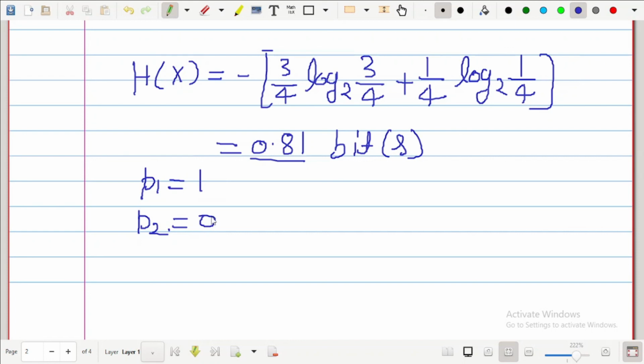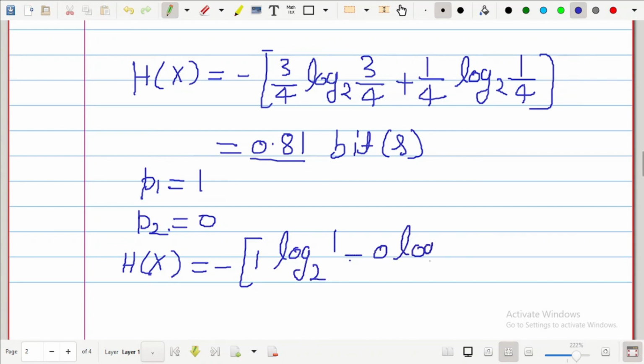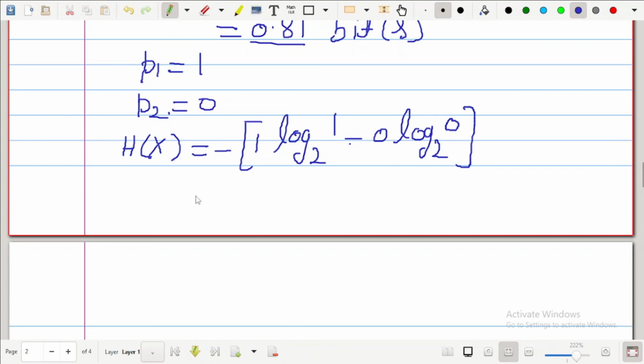So uncertainty is 0. Let us measure it. H(X) is equal to minus 1 log base 2 of 1 minus 0 log base 2 of 0, and basically that would be 0.